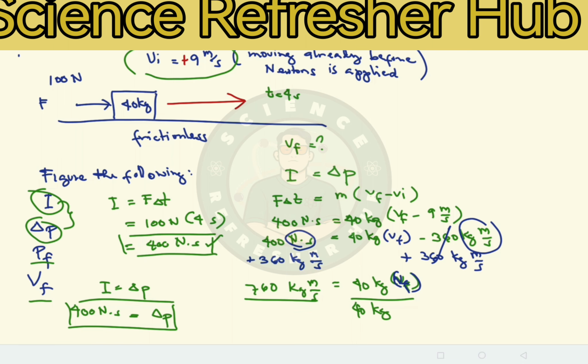To isolate VF, divide both sides by 40 kilograms. Cancel the mass unit. VF equals 760 divided by 40, which will be 19 meters per second. So this will be the final velocity.